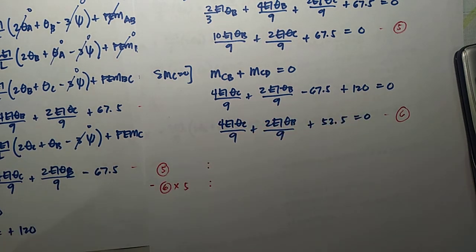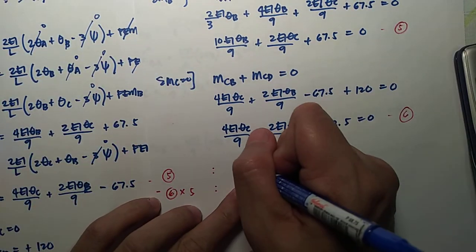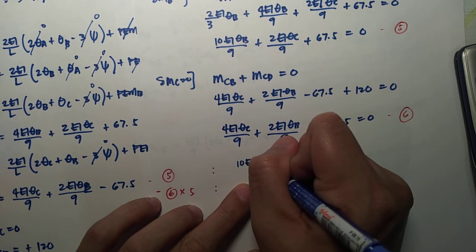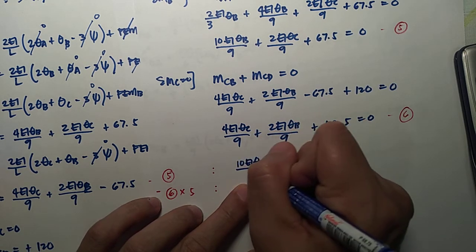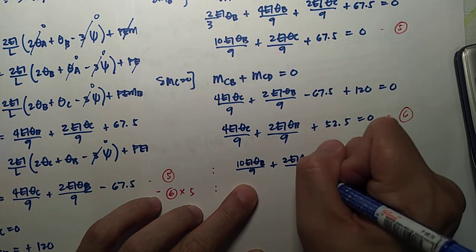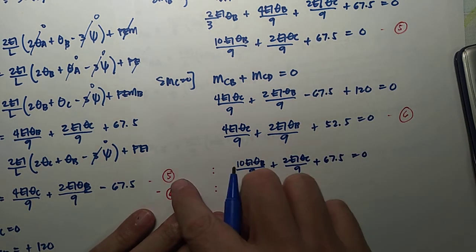Gawin natin yan. So kokopyahin ko lang yung equation 5. Ito yun. So that would be 10 EI theta B over 9 plus 2 EI theta C over 9 plus 67.5 equals 0. Yan yung equation 5.